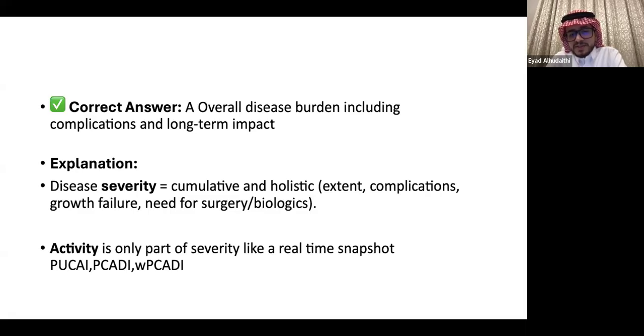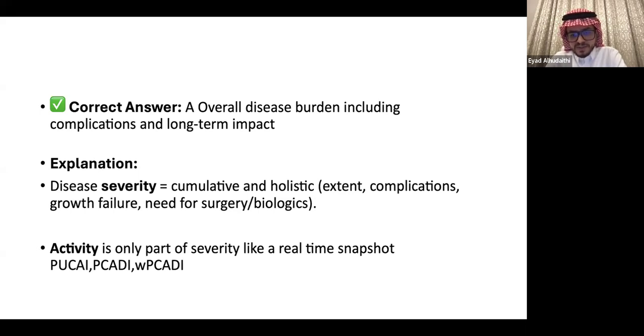But disease severity is cumulative and holistic. It means that you will review the patient's past history: if he had any complication, any colectomy, any previous surgery, any growth failure, any previous biologic use or biologic failure.